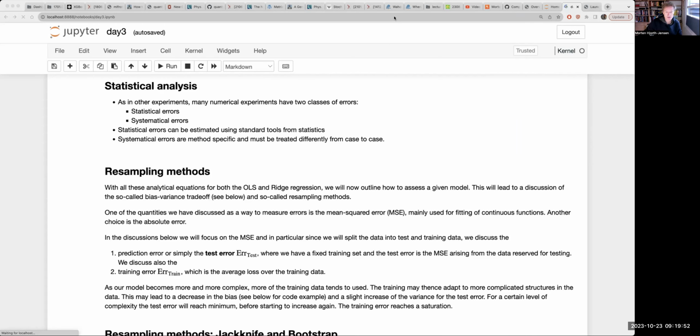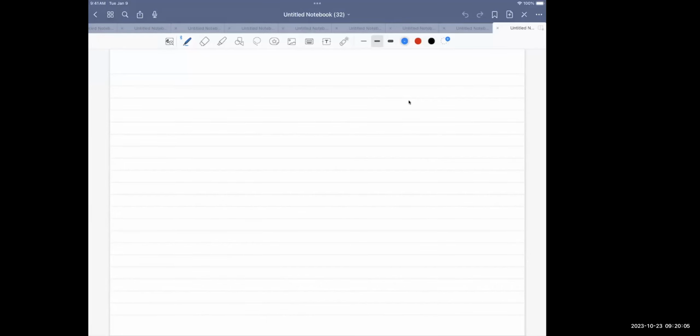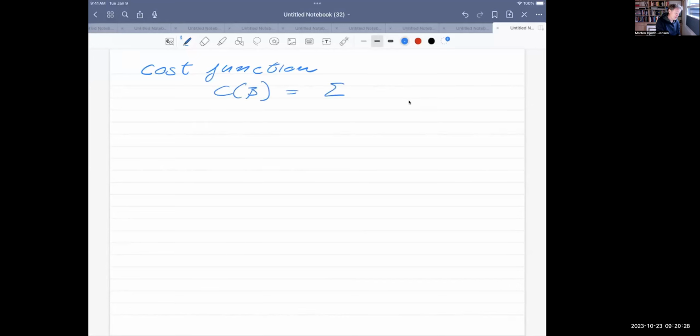So let's take away the slides and just move over to the whiteboard and slow down the pace a little bit. If we look at a typical example, we have defined some kind of cost function, which is typically a sum over the parameters beta and the data set which we have.